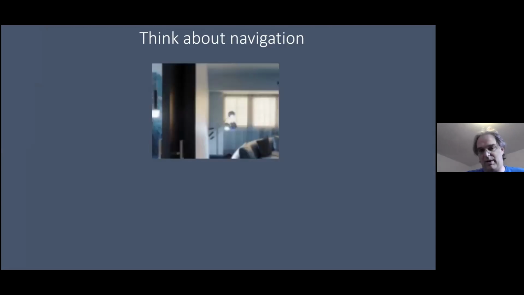Okay, so what is a good example of a problem which exercises all three of these difficulties at the same time? I think a good example to think about is a navigation task. So you're in a new house, something comes up, you need to go to the bathroom or the kitchen or something like that.